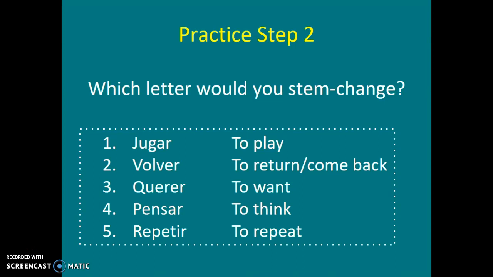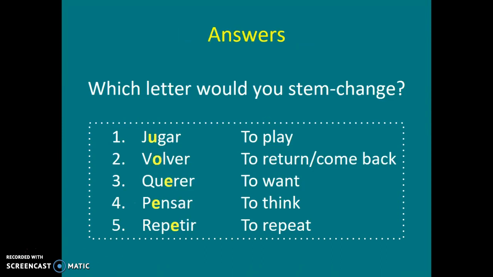Remember, it always has to be the second to last vowel that is going to stem change. So in jugar, which one would you change? The A or the U? And then go through the rest of them and see if you can get them right.